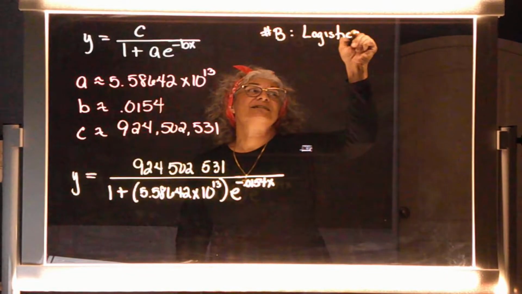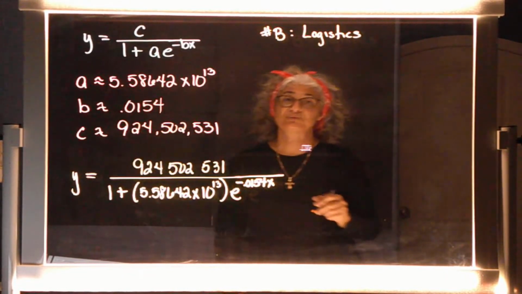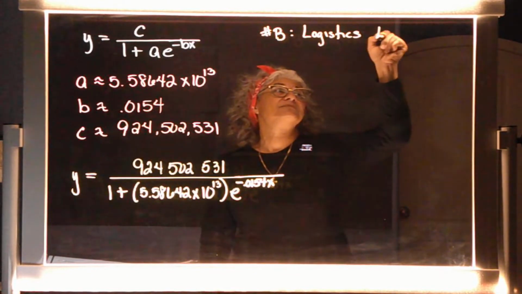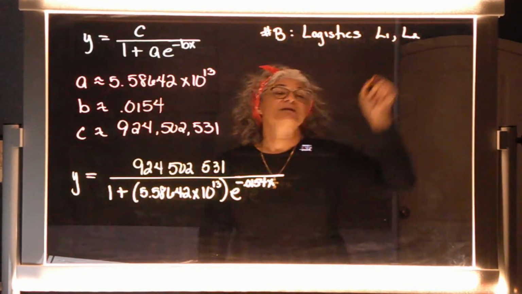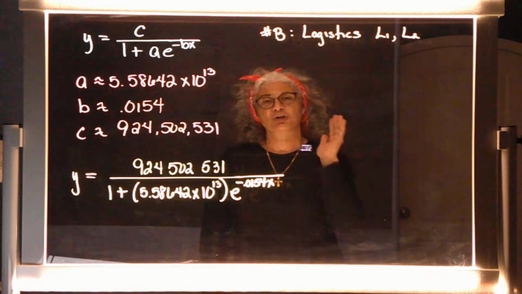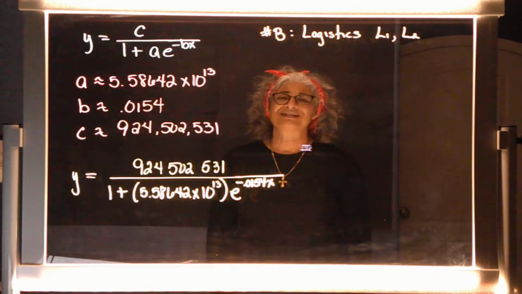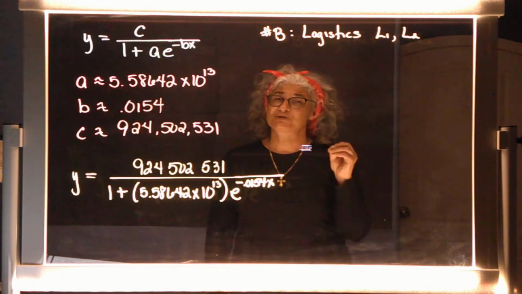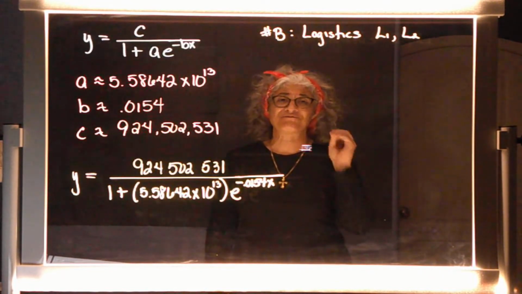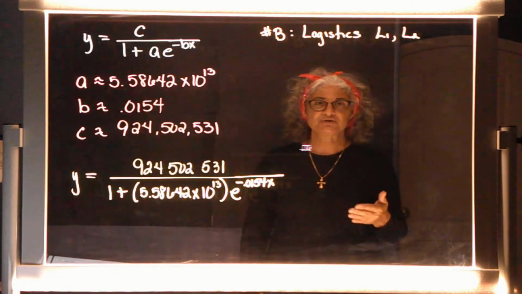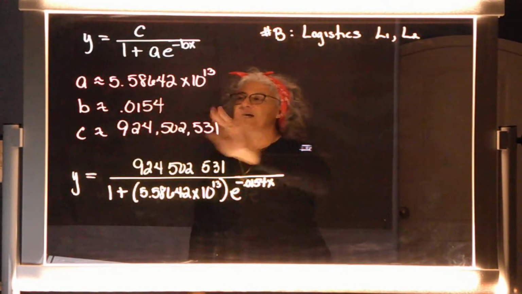And then I had to tell it my two lists to use, which was L1, L2, right? L1, L2. And then I hit enter. And yes, believe me, you're going to wait a few minutes because that calculator is doing a whole lot of number crunching. Those numbers are extremely large and they're fitting it to this model. So once you do that, this is what we get, A, B, and C.